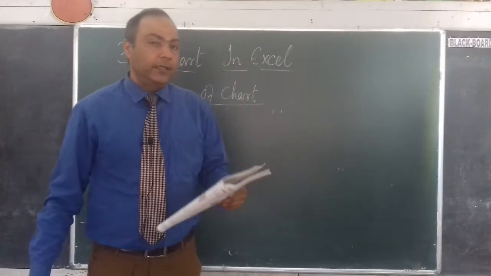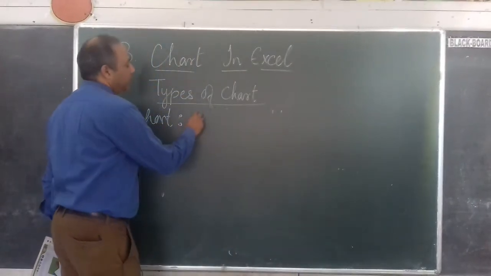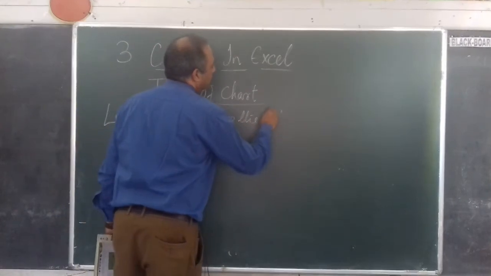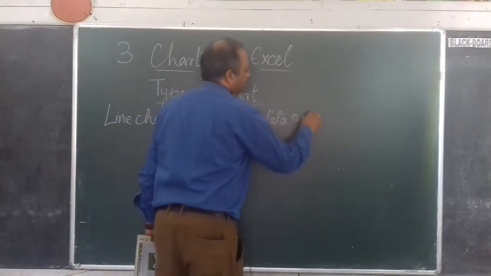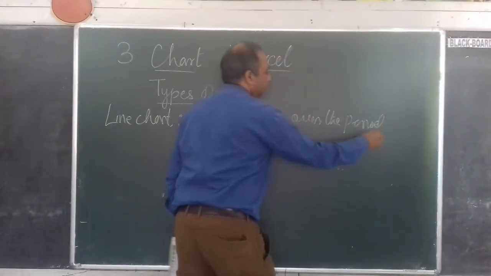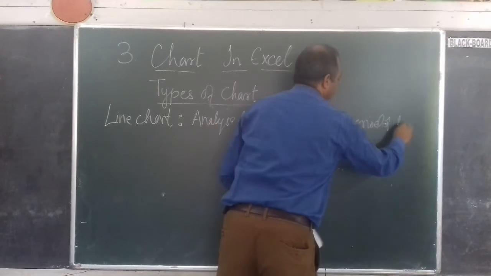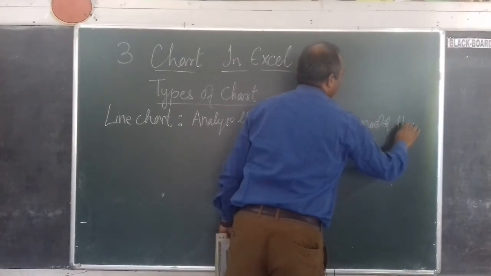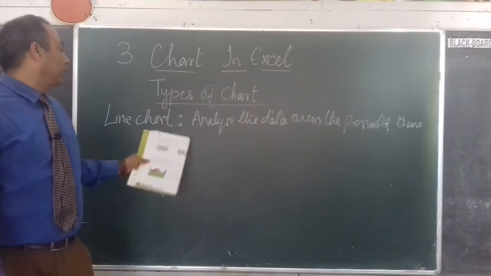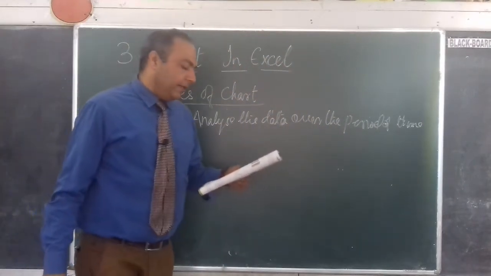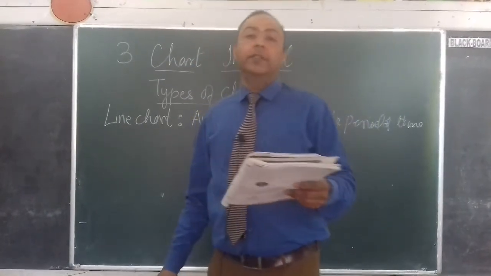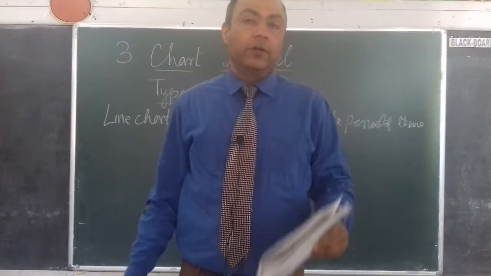So over a certain time, the data can be analyzed with the help of the line chart. Any changes over this period can be easily observed through the line chart.